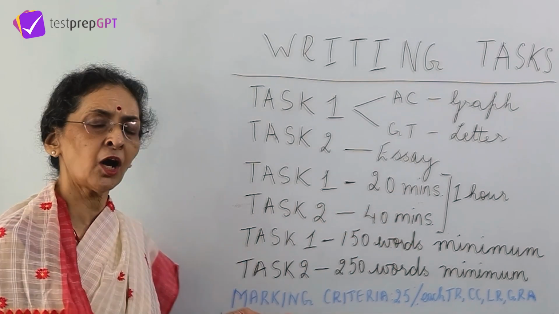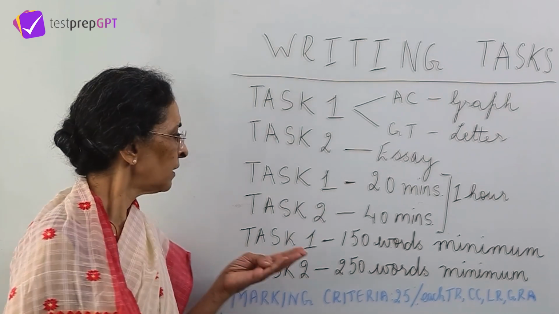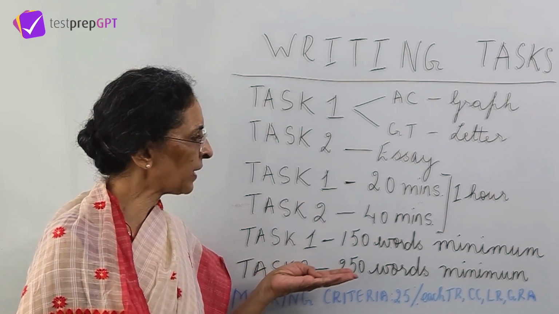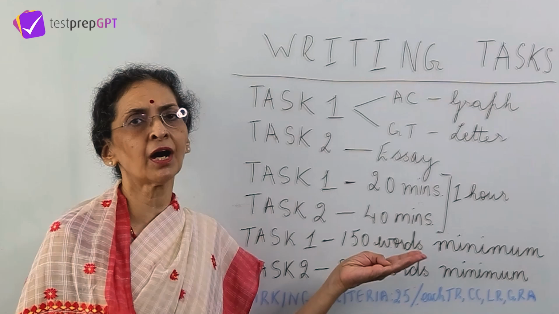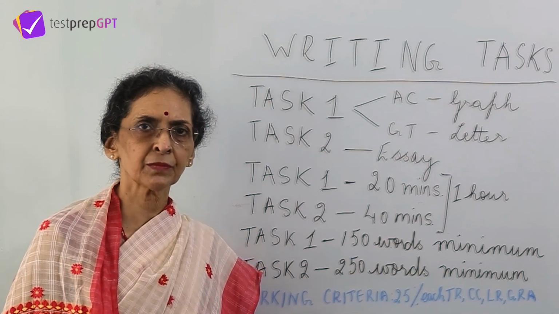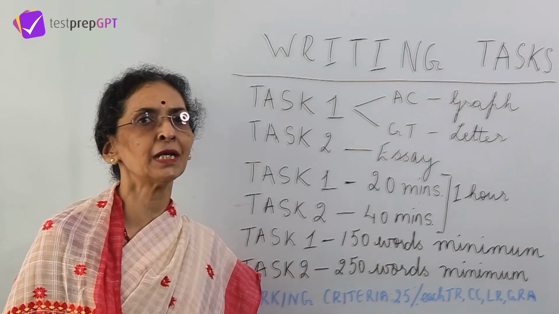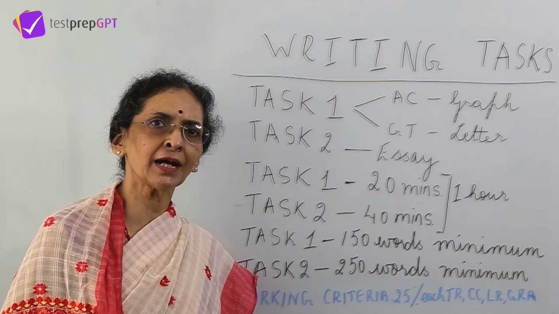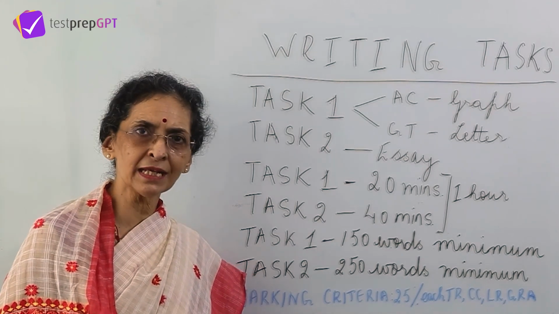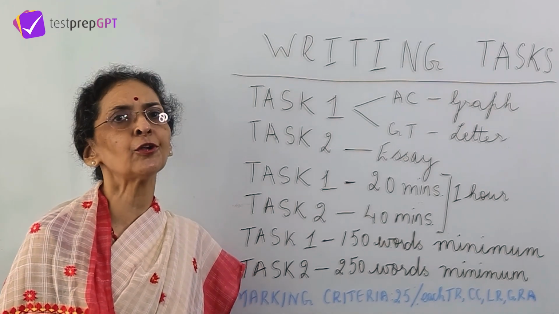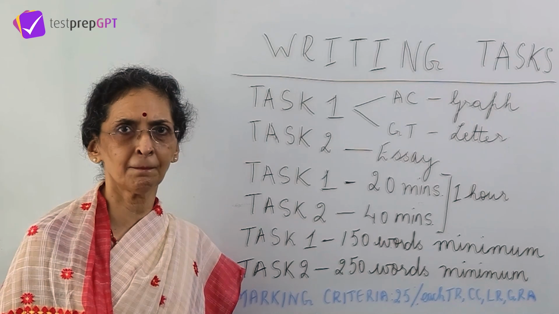Let's look at how much you have to write. Task 1 requires you to write a minimum of 150 words. Minimum means minimum. That means if you write 140 words or less, you are likely not to get a very high band score.